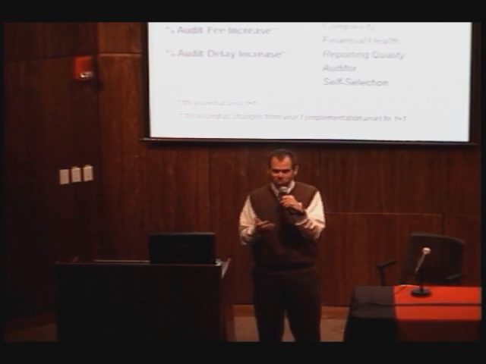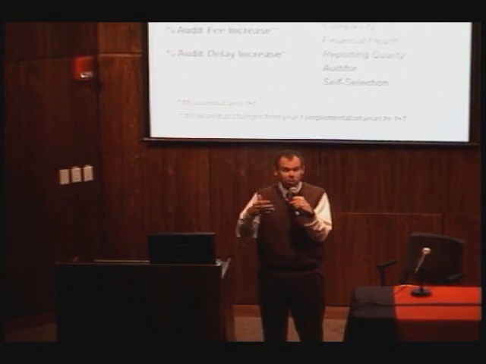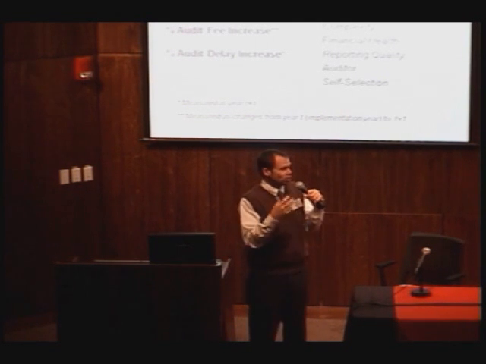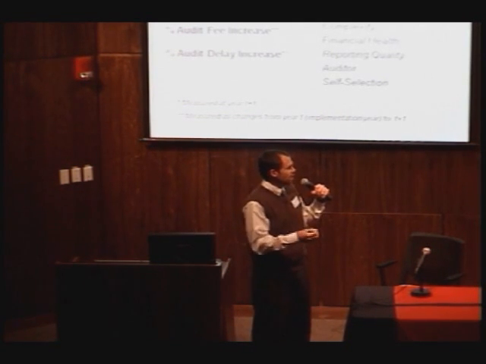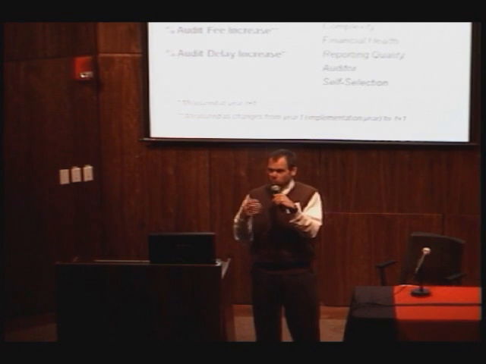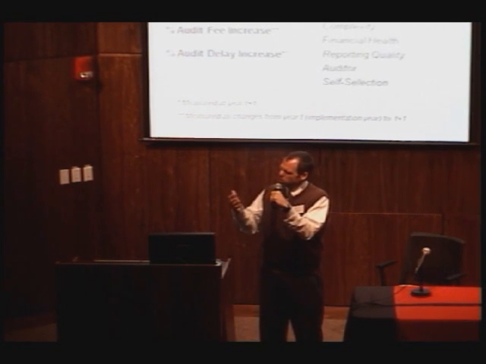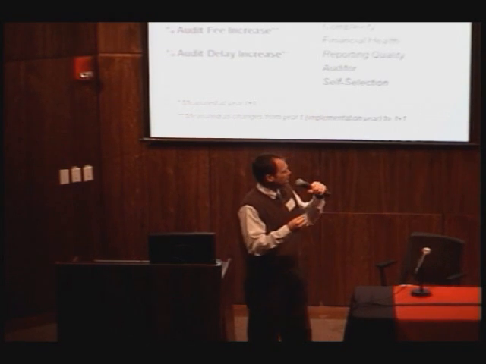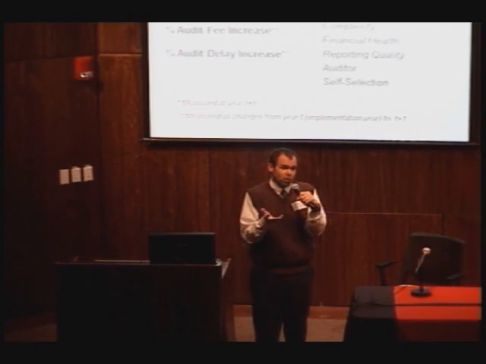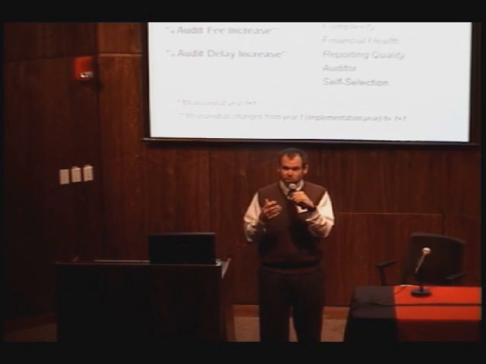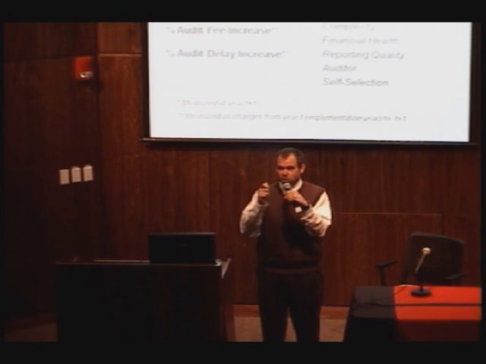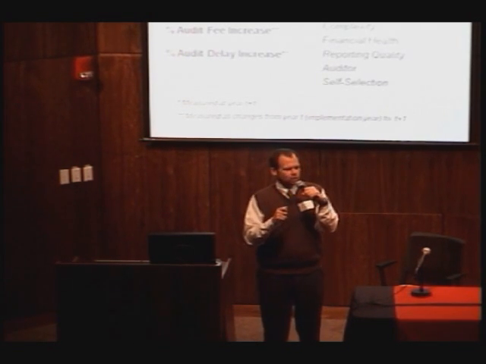Some of the hammers we threw at it: what do we need to control for? We wanted to control for the size and complexity of the company, the financial health of the company, the reporting quality of the information system itself, what kind of quality information is being provided from it, and who the auditor is. And also some self-selection issues. One question that should immediately come to mind is, okay, they implemented the technology.